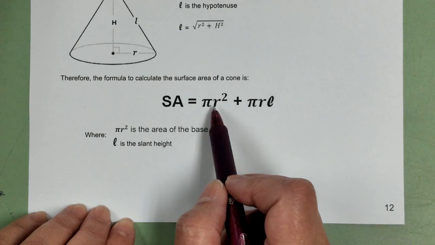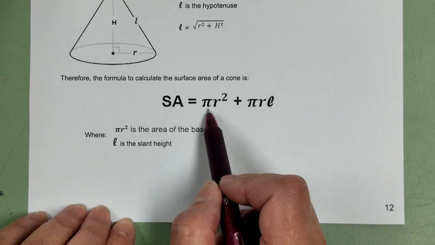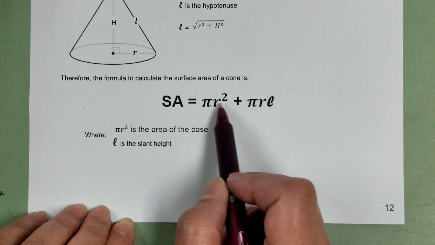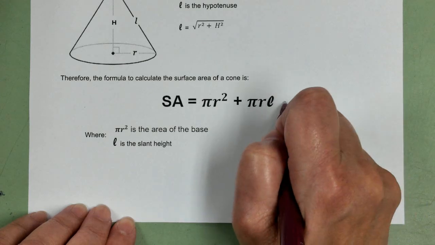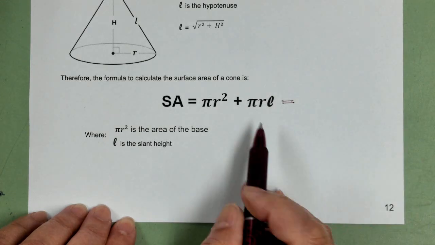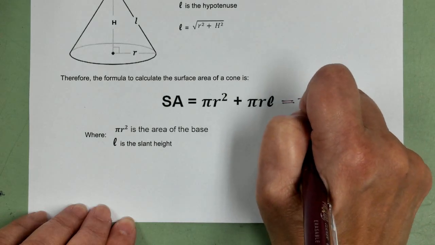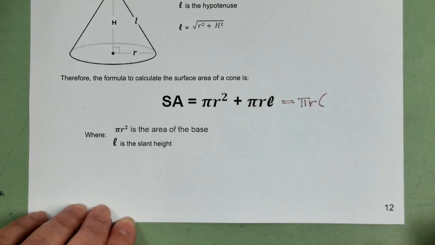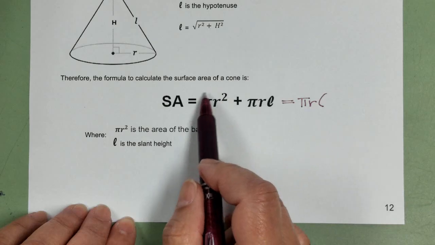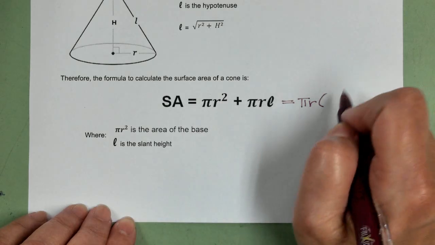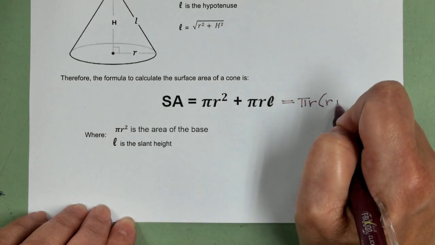Now, again, notice that both terms have pi, both terms have at least one r. So we could factor out a pi and an r. If I take pi and r out of this first term, I have one r left over.